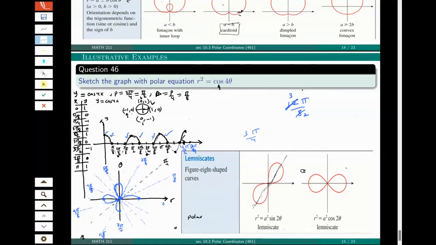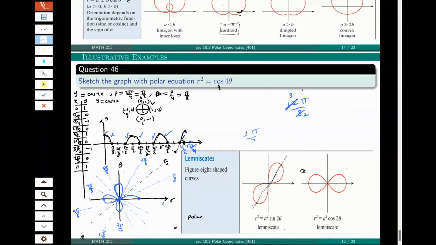This will be 11 pi over 8. Yeah, 12 pi over 8, which is 3 pi over 2, it's 1. Then it will go to 13. This is 12. This will be 13 pi over 8. Okay, so it will be back to 0.